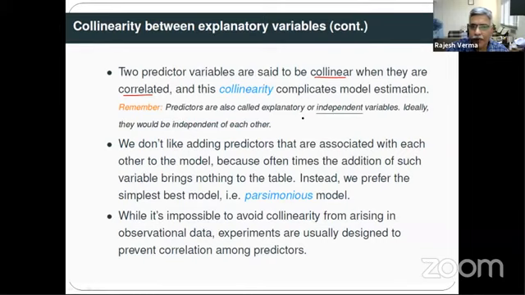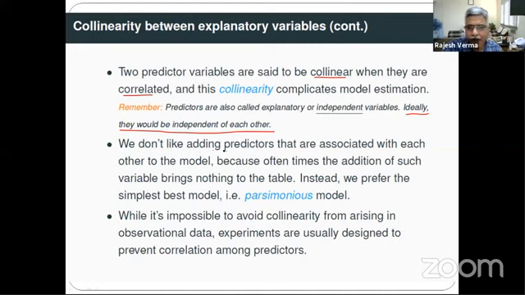Predictors are also called explanatory or independent variables, and ideally they should be independent of each other. If they are independent of each other, then it is okay. But if they depend on each other, then we will need the adjusted R square.